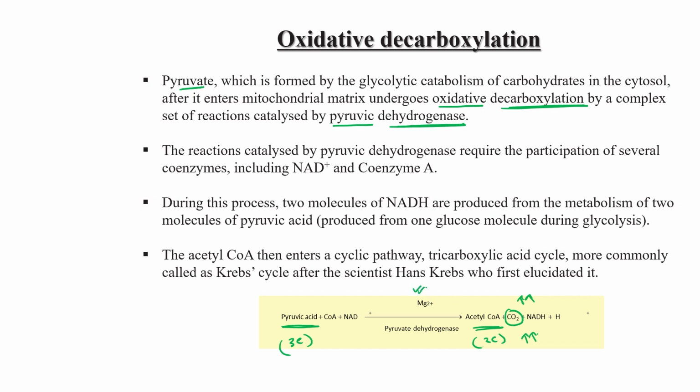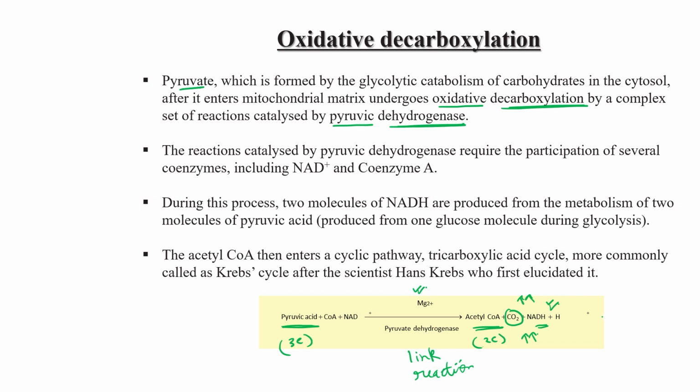Magnesium ion acts as a cofactor over here. And 1 molecule of NADH is also generated. This reaction acts as a link reaction, because it acts as a link between glycolysis and the Krebs cycle. So 1 molecule of pyruvate generates 1 molecule of NADH, so 2 molecules are generated from 1 glucose.